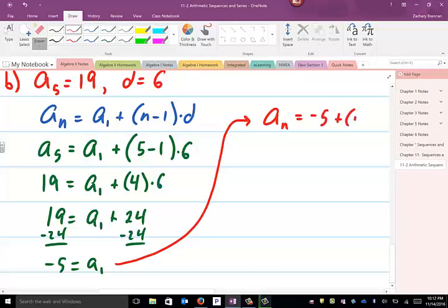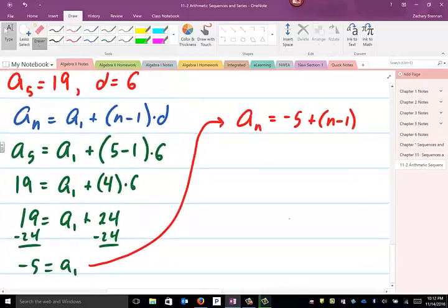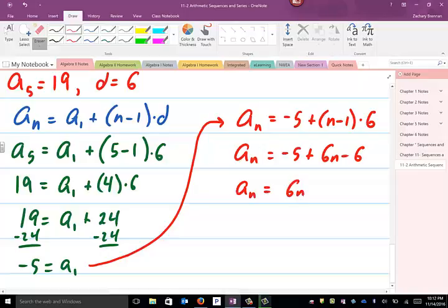Plus, we don't know which term they want anymore, so it's n minus 1. But then d is going to remain 6. Now it's just like that first problem. Distribute that in. So that'll be negative 5 plus 6n minus 6. And so a sub n is equal to 6n minus 11.